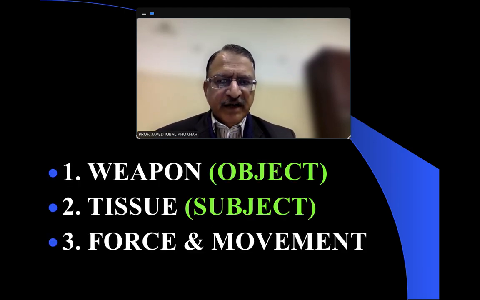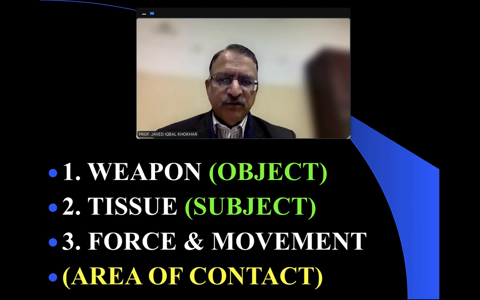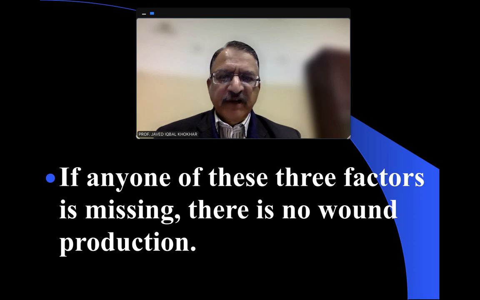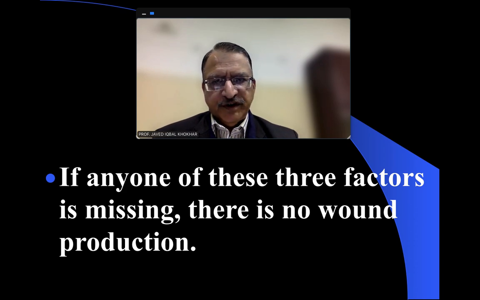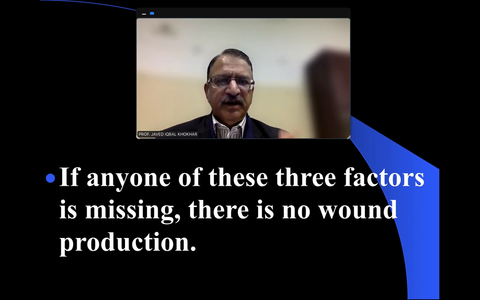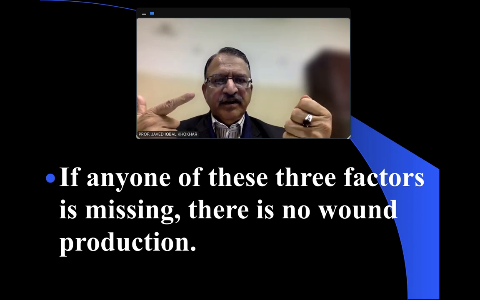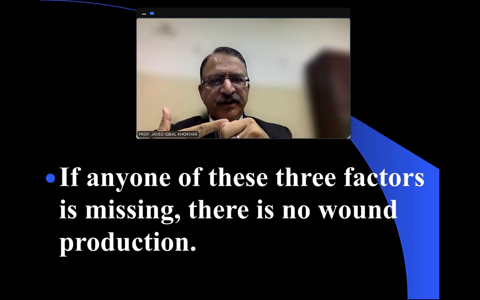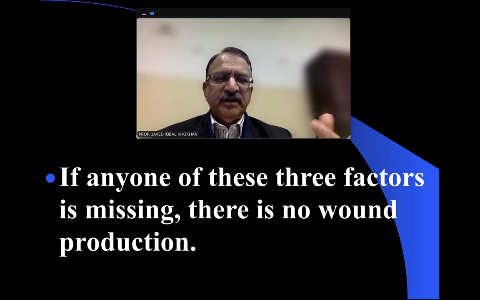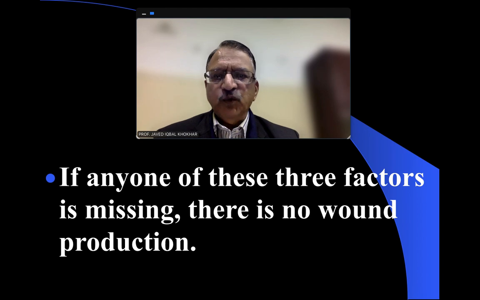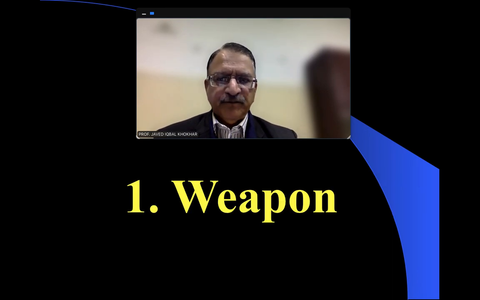Weapon is the object, tissue is the subject, plus force and movement, and the area of contact. If any one of these factors is missing, there is no wound production. For example, the weapon is in my hand, the subject is in front. Unless there is contact, the wound cannot appear. So if any one of these factors is missing, the wound will not be produced.